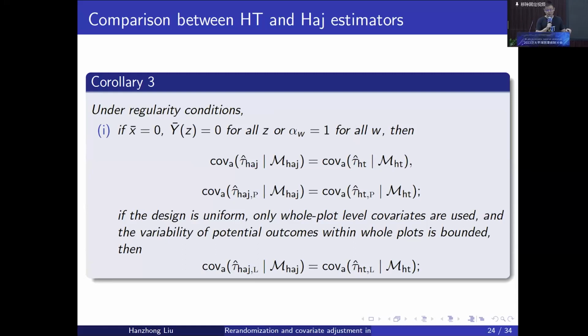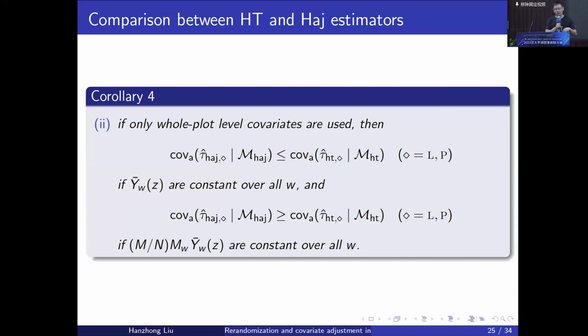And if the design is uniform, only whole plot level covariates are used, and the variability of the potential outcomes within each whole plot is bounded, then the Lin's regression adjusted Horvitz-Thompson estimator is also asymptotically equally efficient as the Hajek estimator.